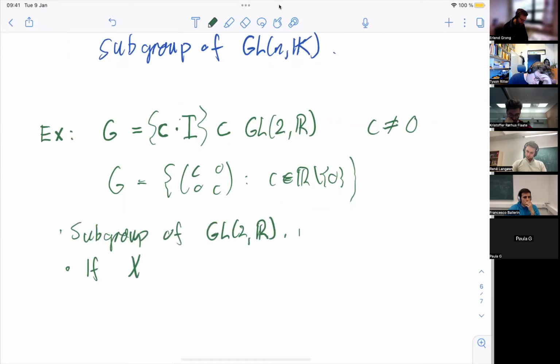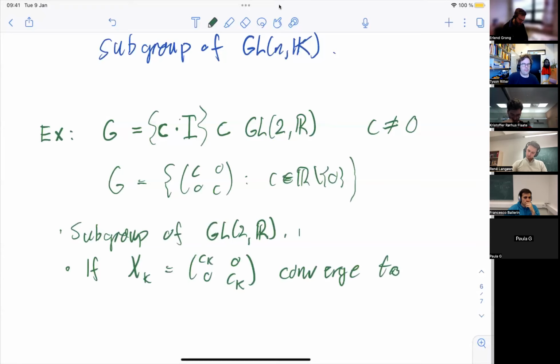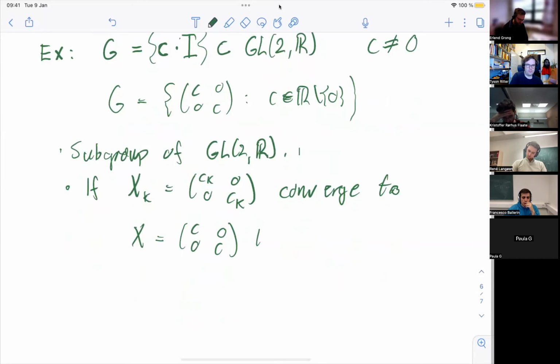If x_k, which is then some matrix of the form (c_k 0; 0 c_k), converges to x, then x has to also be of the form (c 0; 0 c).